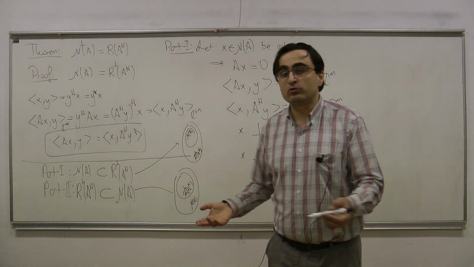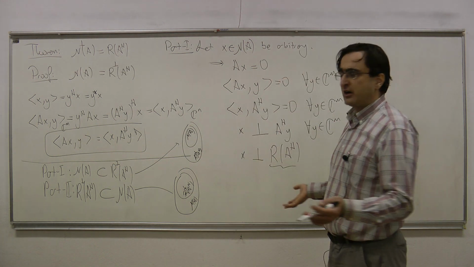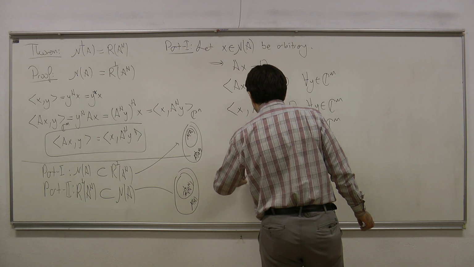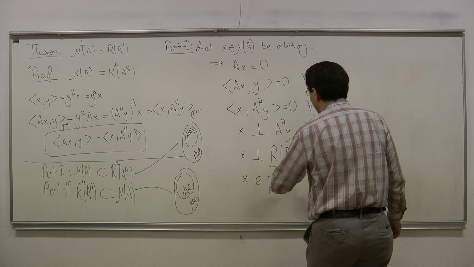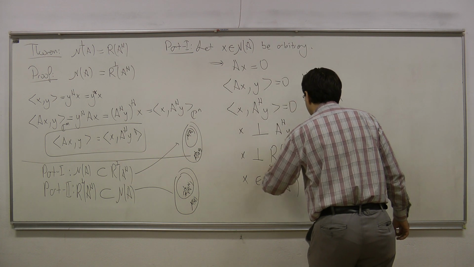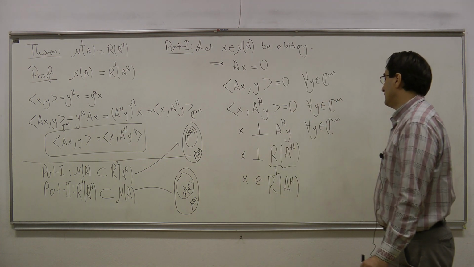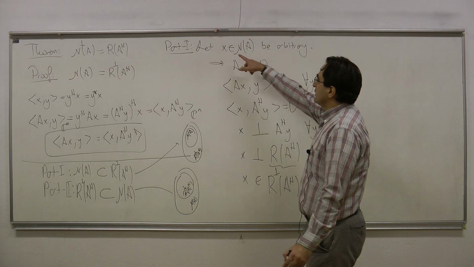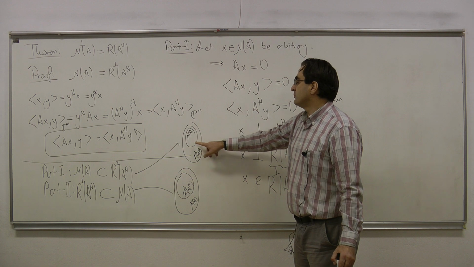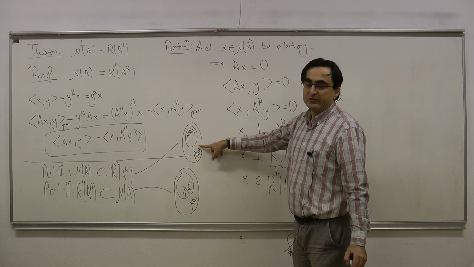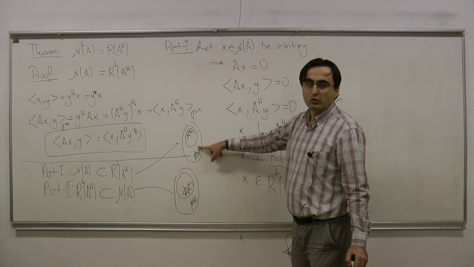But if X is orthogonal to all vectors inside range space of A Hermitian, then we need to have X is an element of the orthogonal complement of this subspace. So we started with an arbitrary element in null space of A, and I have showed that it's also an element of range space of A Hermitian orthogonal complement.